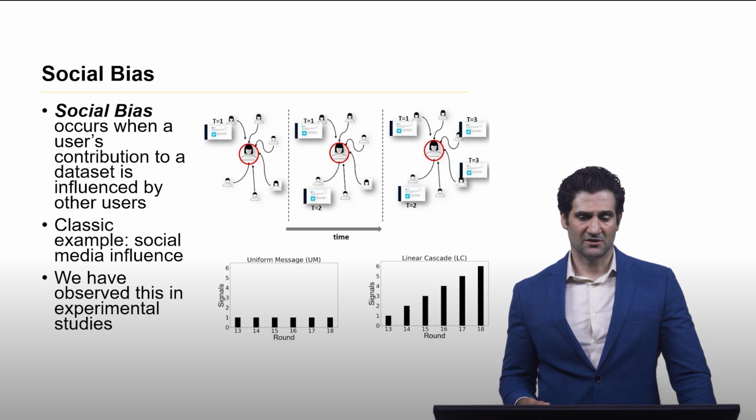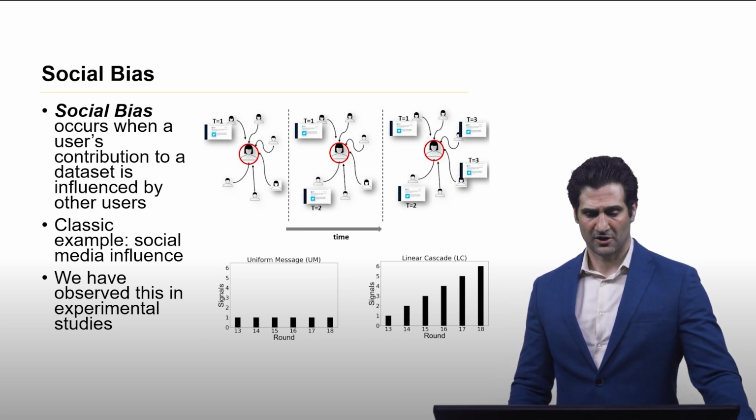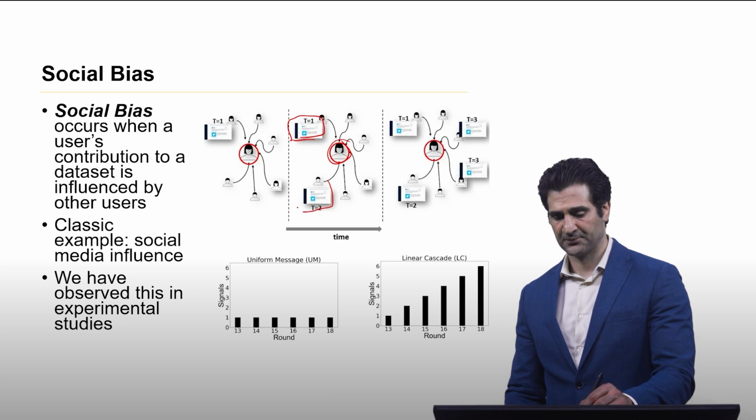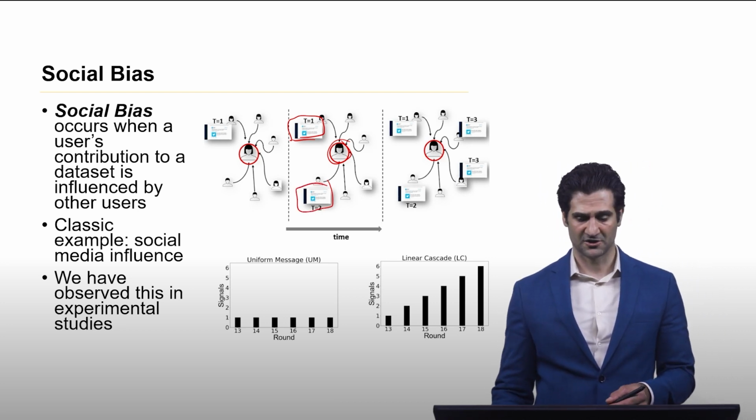We have seen over and over again studies about social influence where, based on the number of connections adopting a certain behavior or opinion, the individual in the middle is more likely to take similar actions.